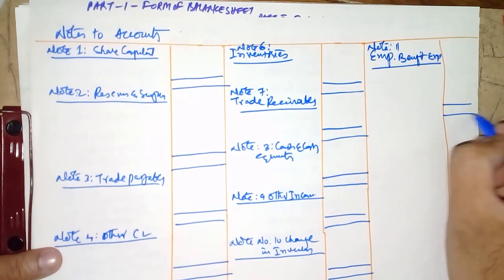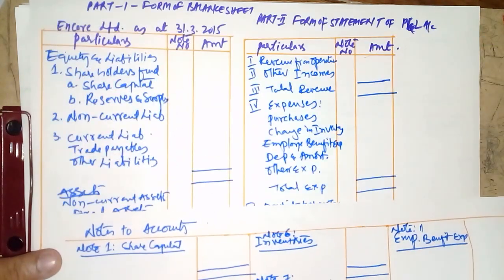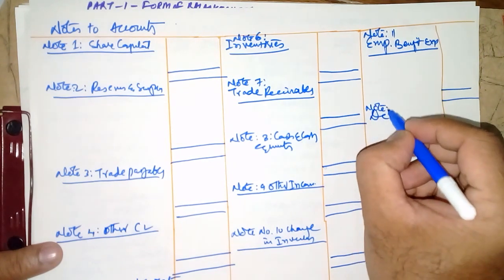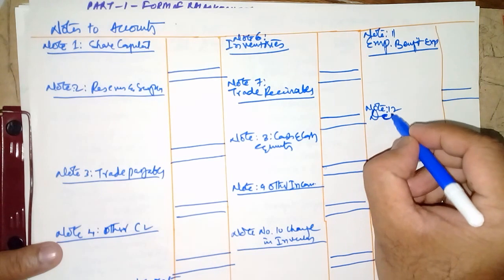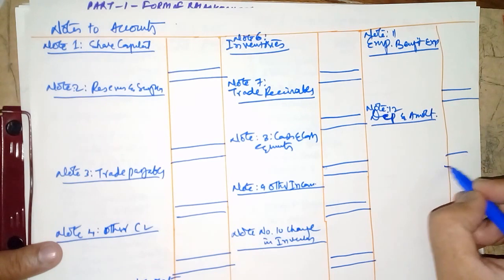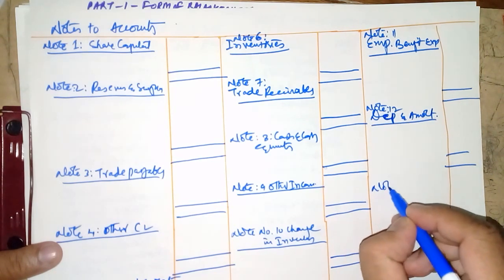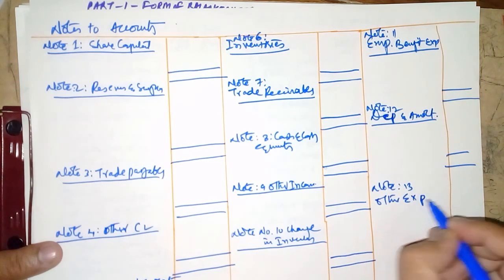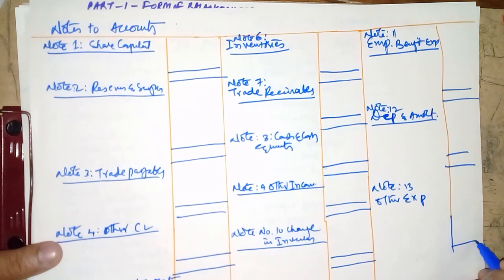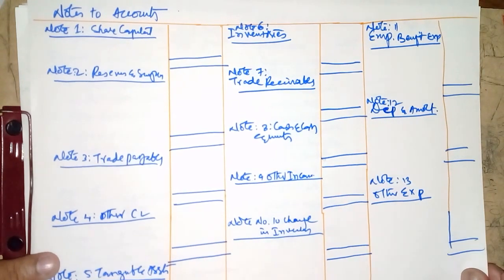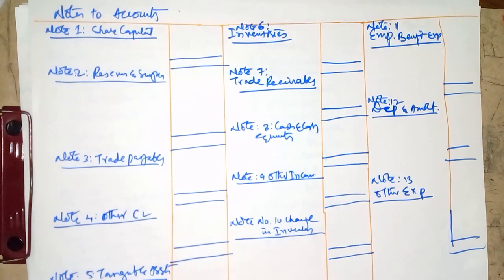Then we have depreciation and amortization and other expenses. Then note number 12, depreciation and amortization. Then note number 13, other expenses, right? So like this we have drawn all the notes, right? Once we have drawn everything, we will proceed with the questions without any further delay.